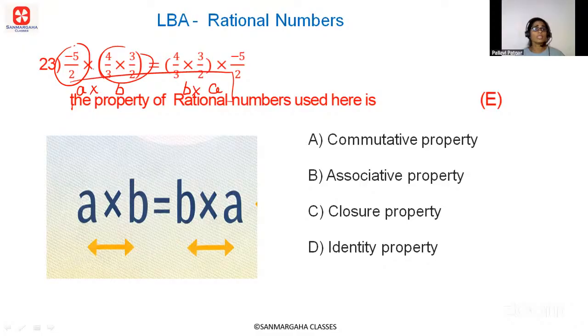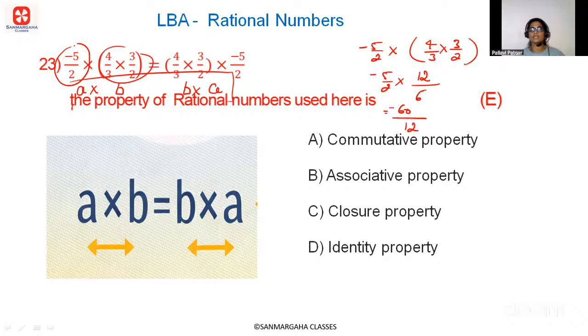Now multiplying these, left hand side minus 5 by 2 into 4 by 3 into 3 by 2. So minus 5 by 2 into 4 3s are 12, 3 2s are 6. So this is equal to 12 5s are 60, minus, 6 2s are 12.